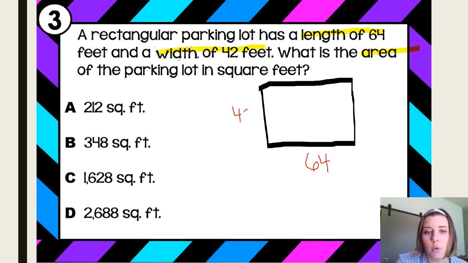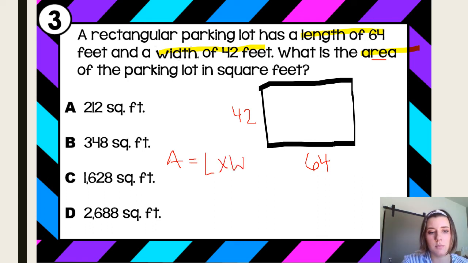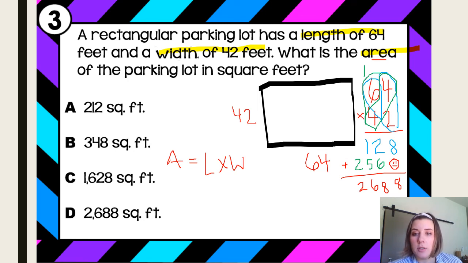I'm going to write the formula for area. That's what I'm solving. Area equals length times width. So I am going to multiply these. I'm going to pause and solve. I did my multiplication, 64 times 42, and got 2,688 square feet.